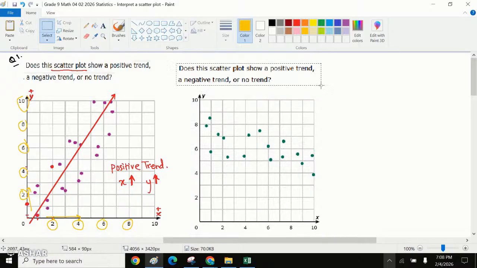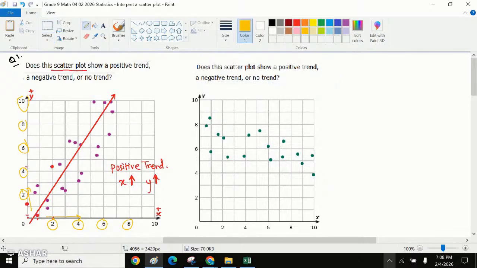We need to identify that, right? First thing first, whenever we need to identify a trend, we need to draw a line. So can I draw a line like this, saying that this is passing through the maximum number of points? We cannot, right? Because it is not in between the maximum number of points.